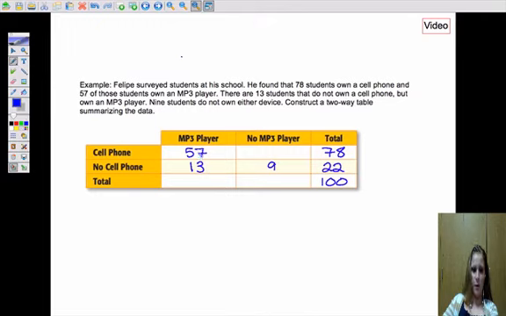And then 57 and 13 tells me that there were 70 people that have MP3 players. 70 people plus 30 people gets us to our total of 100. And then I could either find the missing link here or take 30 minus 9, which tells me 21 people have no MP3 player but have a cell phone. So that's a two-way table, okay?